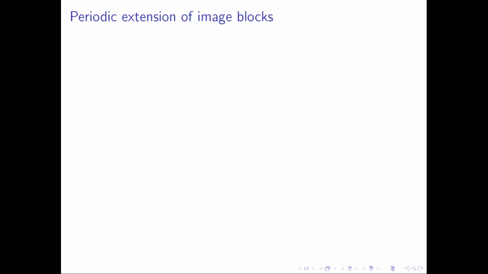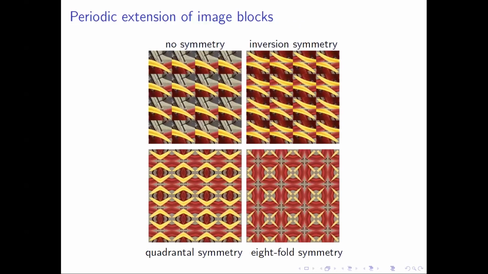We can create a symmetric periodic signal by taking a block or portion of an image, applying symmetries, and then extending periodically. This figure illustrates portions of the motorcycle images seen before, to which we apply symmetries and then extend periodically. The four cases shown are no symmetry, inversion or twofold symmetry, quadrantal or fourfold symmetry, and eightfold symmetry.